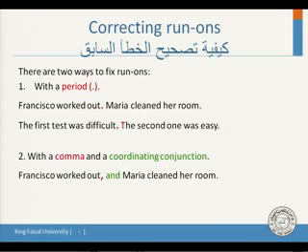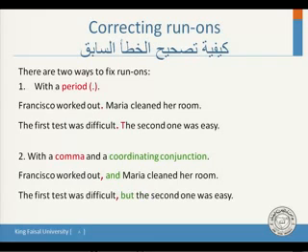Okay, look at the sentence now. Francisco worked out, comma, and Maria cleaned her room. We have a compound sentence now. Also, the second one, the first test was difficult, but the second one was easy.